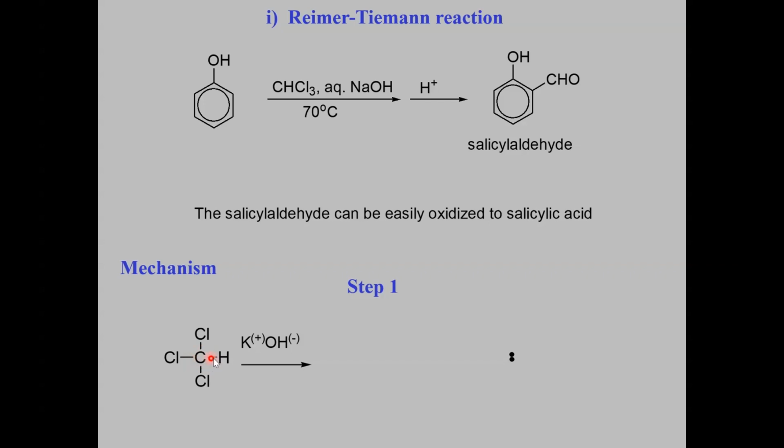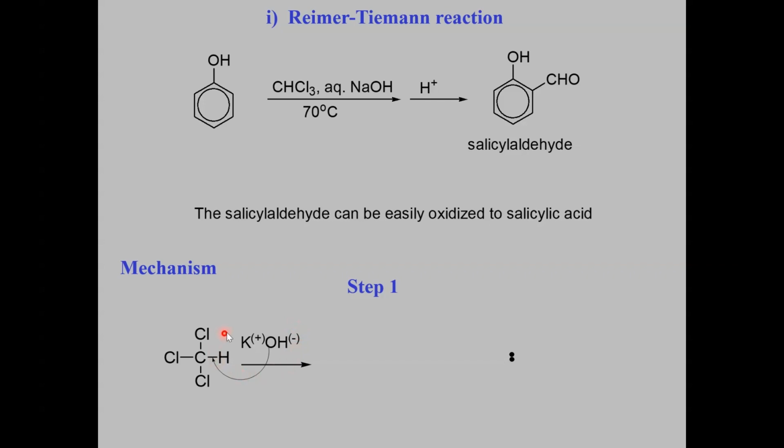With fewer electrons, it is holding this hydrogen. That's why the carbon-hydrogen bond in chloroform is weak. As it is a weak bond, it is easy to break. In other words, chloroform is acidic enough to give the proton, and hydroxide ions are basic enough to accept the proton.